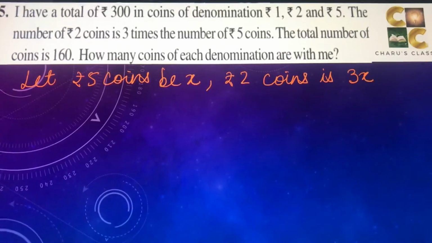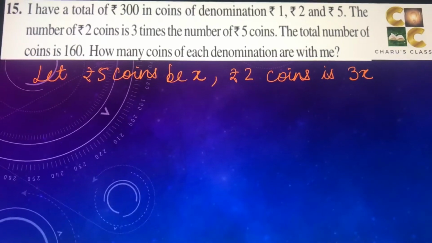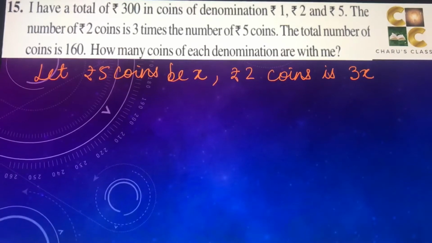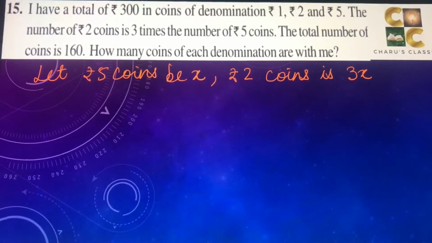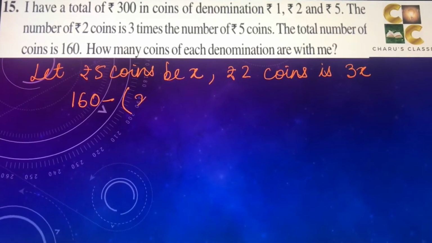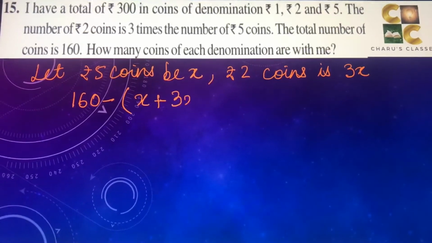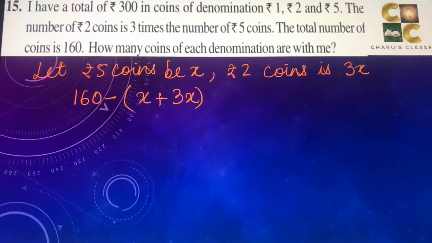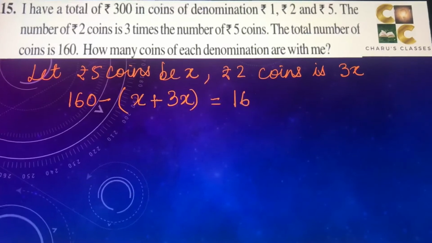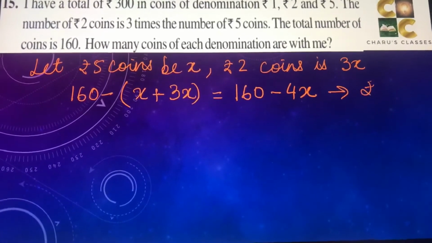Because it's given it is 3 times that. अब total number of coins 160 है. तो हमारा जो third बाकी है, that is 1 rupee coin, वो कितना होगा? That will be 160 minus 5 rupee coins, which is x, and 2 rupee coins, which is 3x. So basically, हमारे 1 rupee coins will be 160 minus 4x.